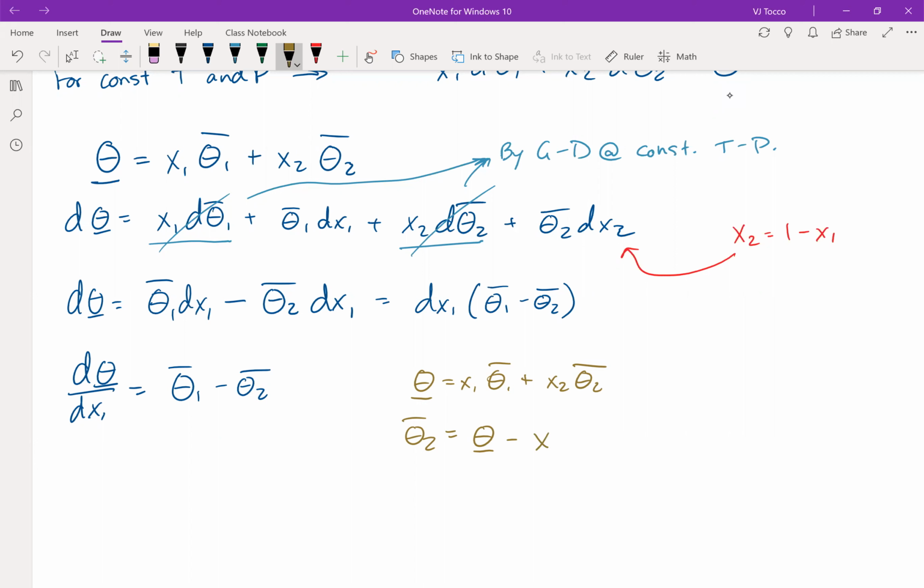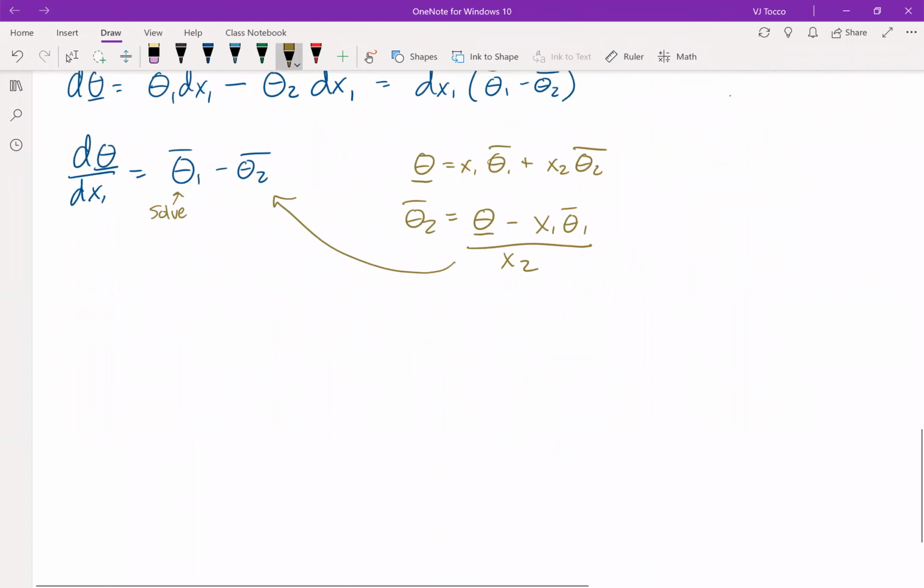Sometimes it's hard to talk and think at the same time, though. There we go. All right, so I'm going to plug all this stuff in for theta 2 over bar, and then I want to solve for partial molar 1.